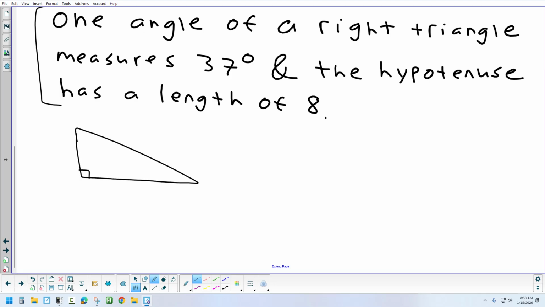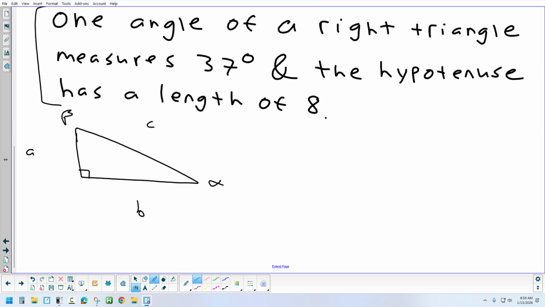So there's our right triangle. And generically, we can put our labels in. This side is A, B, C. And what's the name of the angle that's across from A? Yep, alpha. And what's the name of the angle that's across from B? Yeah, beta.